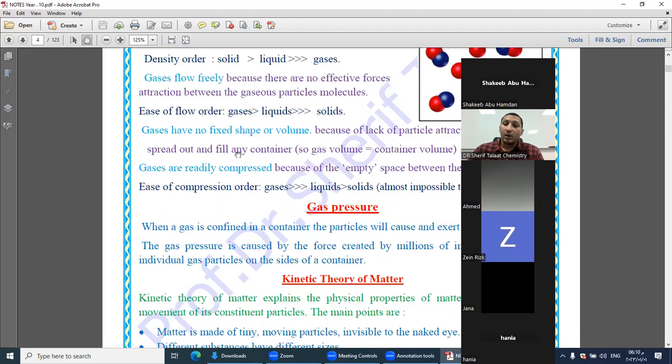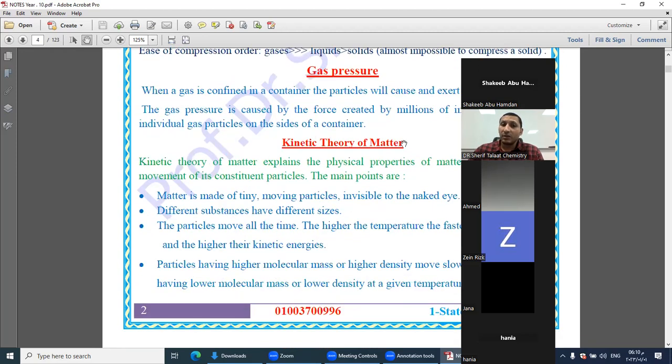Okay, after that, for kinetic theory: by increasing temperature, particles gain energy. Particles have more collisions and move faster. This means that by increasing temperature, what will happen?